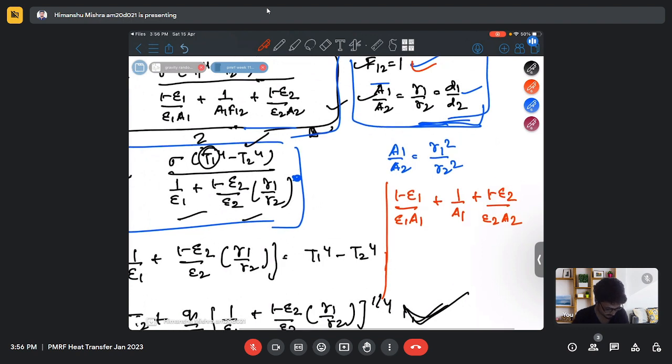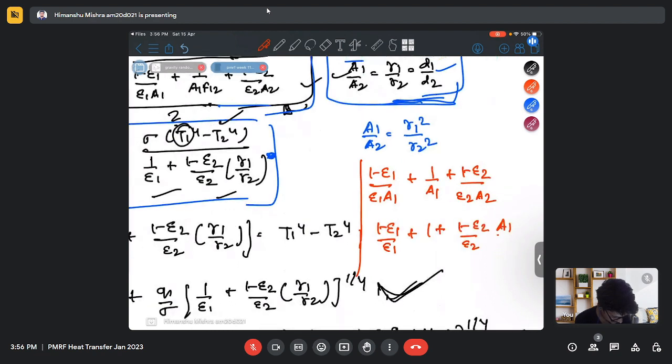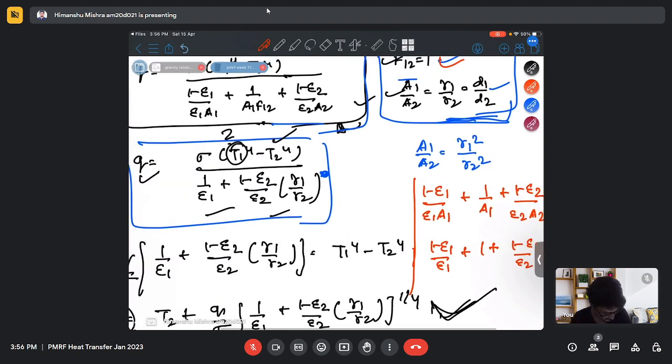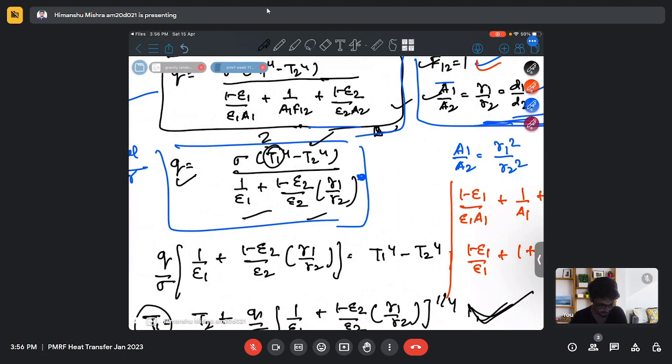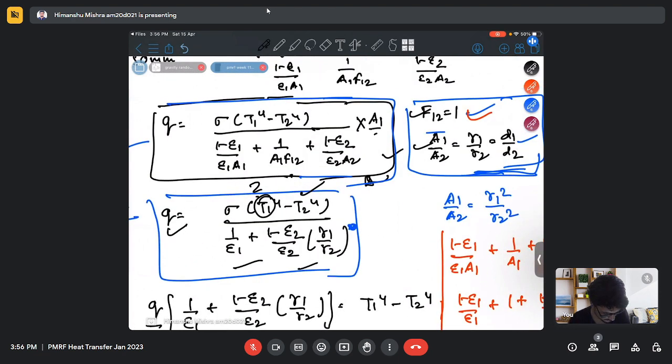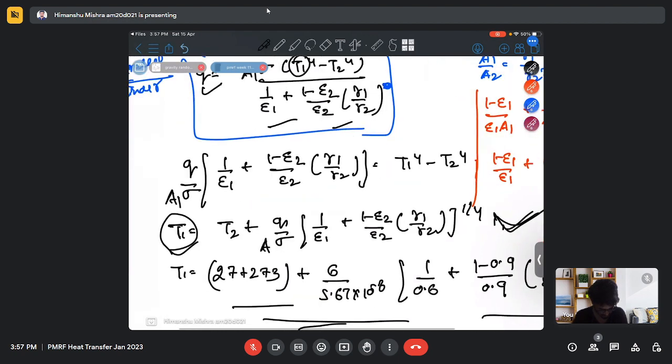Now what I'm doing is multiplying and dividing by A1, so I will get A1 here and here.